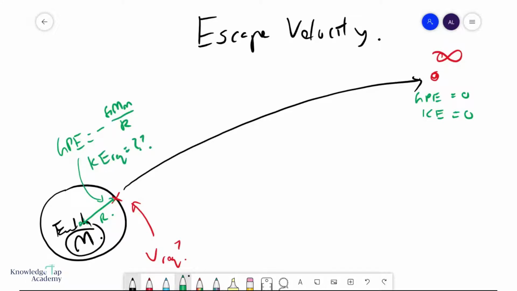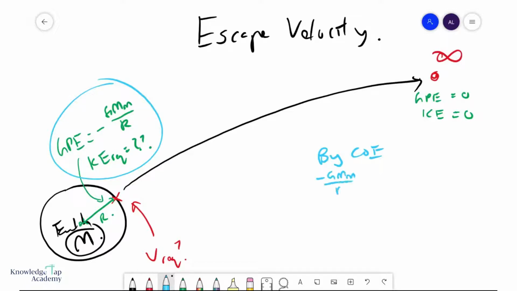And so now I can write an energy statement. By the conservation of energy, this total energy that you have here, which is minus GMm over r plus the KE required, must equal the total energy over here, which is 0.